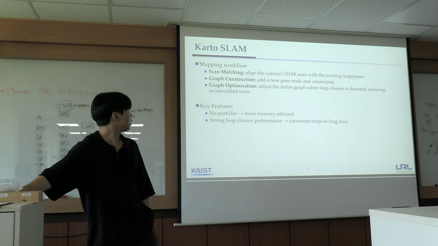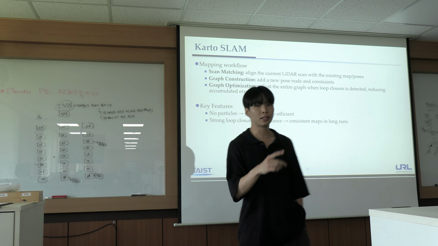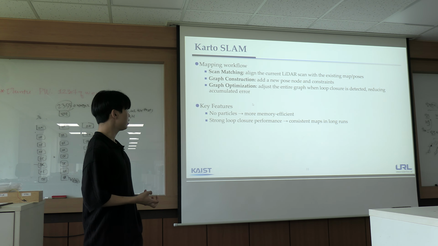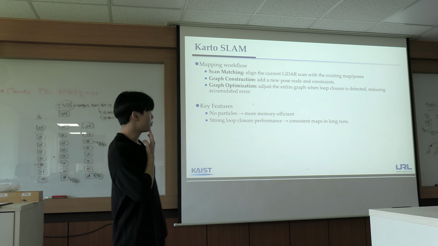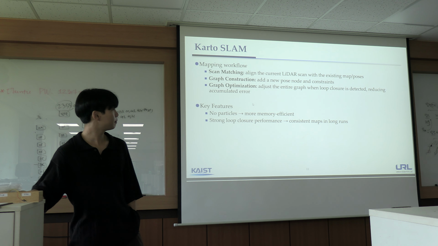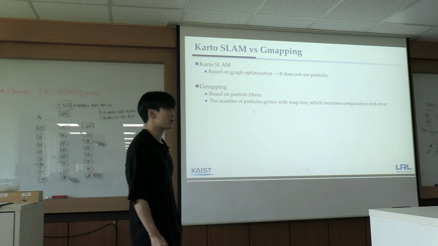The key features of KAIST SLAM are like that. There are no particles, so it is very memory efficient, and loop closure makes a consistent map over a long run. The difference between KAIST SLAM and GMapping is like that.